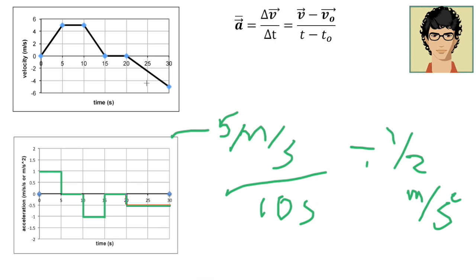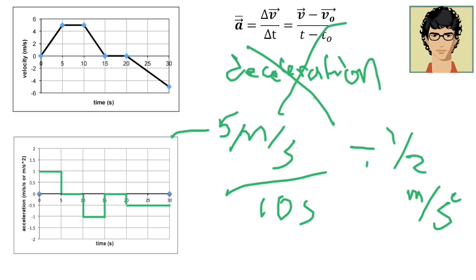Okay, so the term deceleration is one that we don't really like because it just indicates slowing down, but we would rather use the term negative acceleration as the way to go. So yes, deceleration is bad. We don't like that. We would call it a negative acceleration instead.